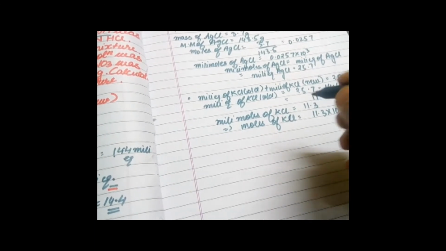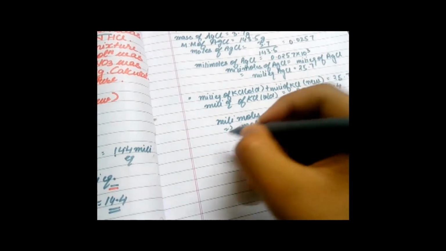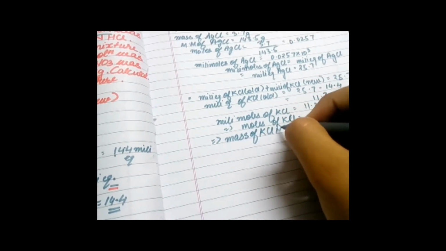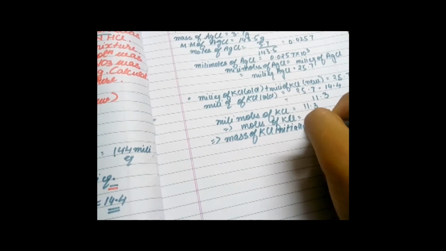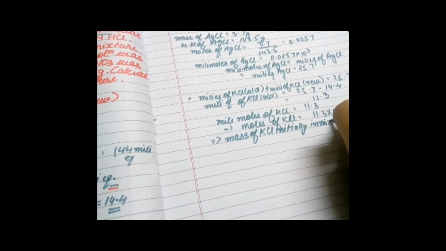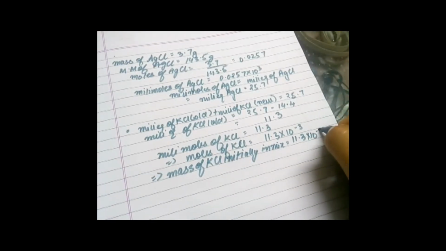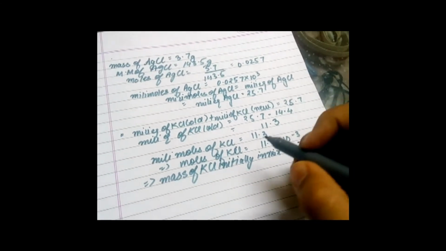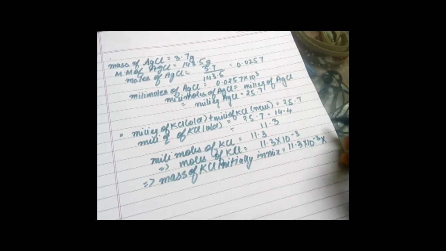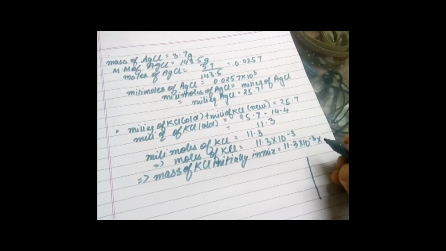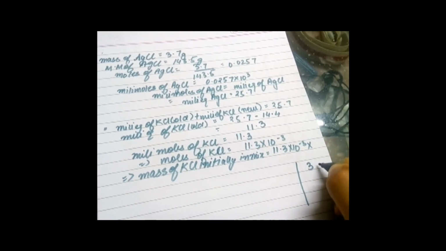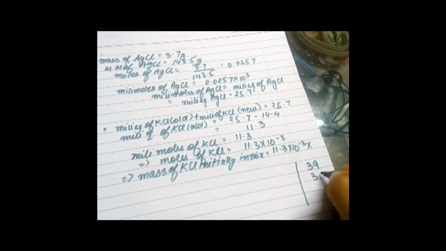Now we'll be multiplying it with the molar mass, and we'll be getting the mass of KCl in the mixture initially, which implies mass of KCl initially in mixture is 11.3 into 10 raised to the power -3 multiplied by its molar mass, which will come out as: K has an atomic mass of 39 and chlorine has 35.5.